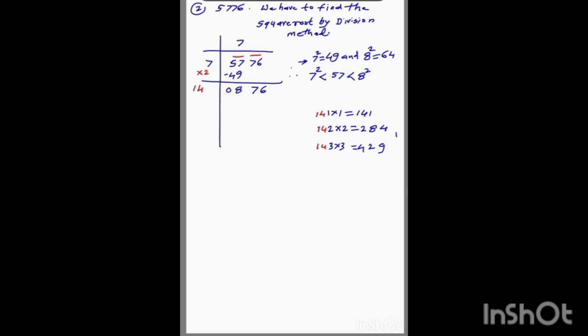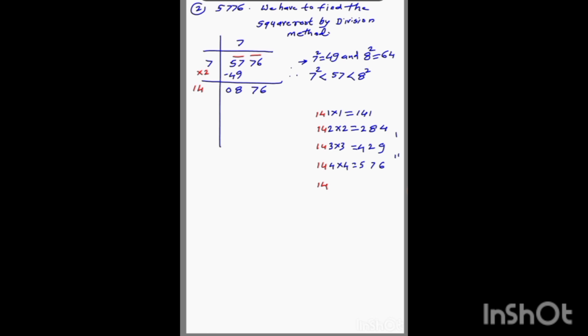Now 144 into 4, see how I am going. Don't make any mistake here. If you solve problems yourself, you are not going to make any mistake. That gives 576.